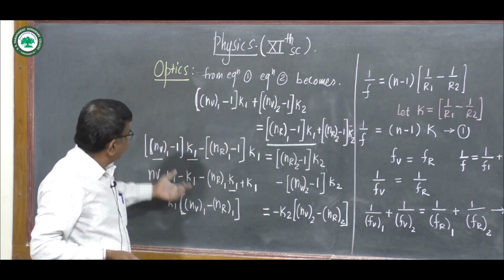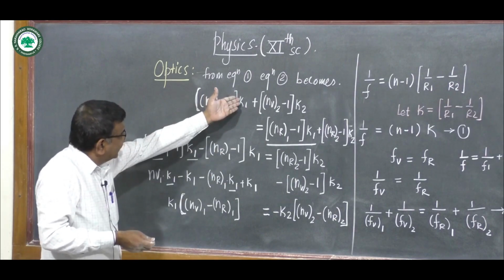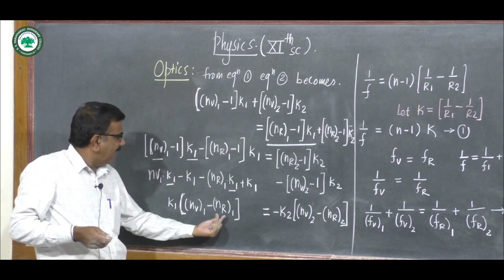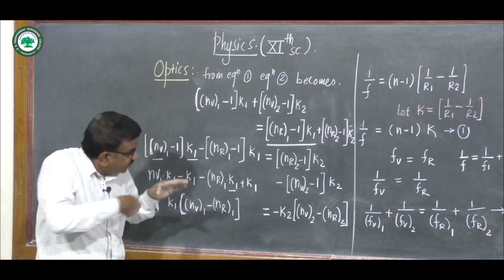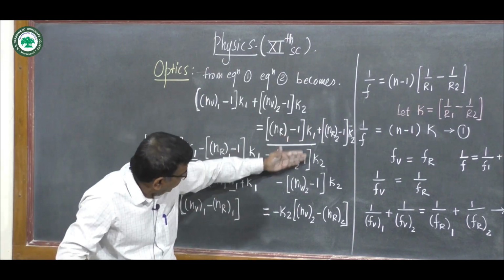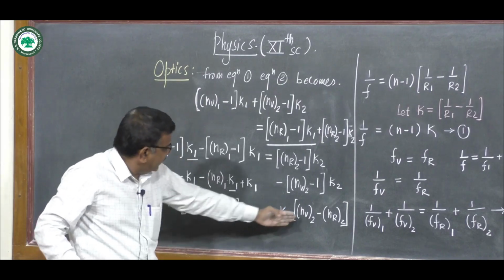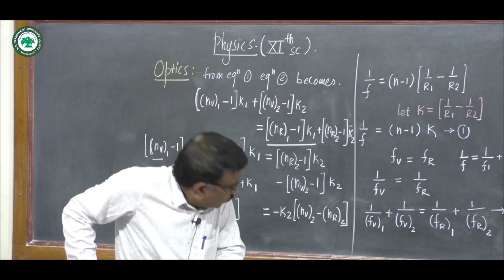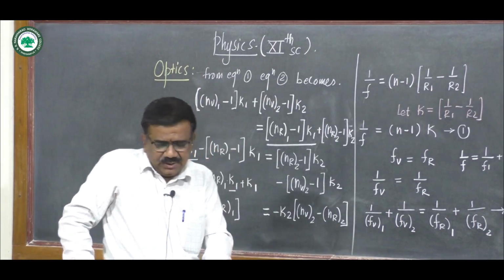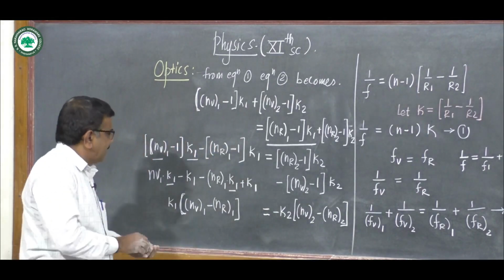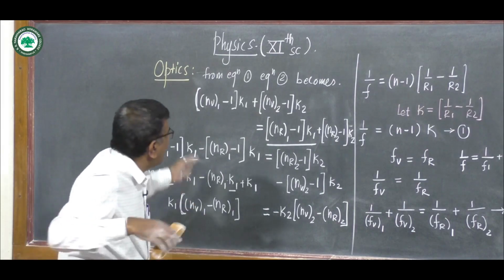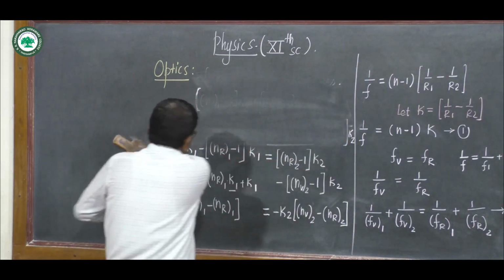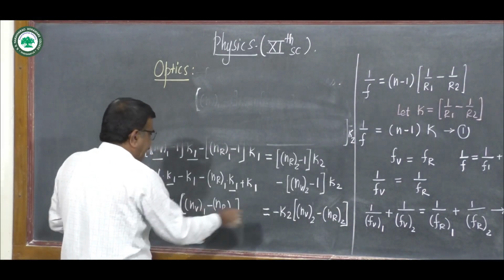By solving left side we get K1 (nV1 minus nR1), similarly this side as minus K2 (nV2 minus nR2), and hence we write K1 upon K2.